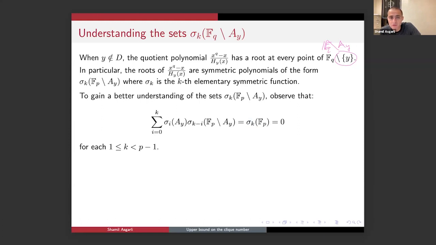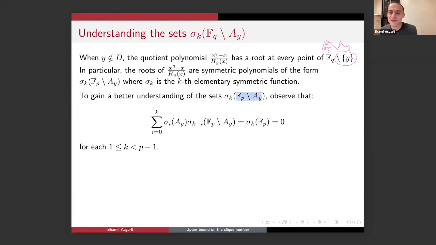This is the case I'm looking at the moment where y is not in the direction set. Now, this is important. If y is not in the direction set, then ay consists of distinct elements. So ay is literally a set. We don't have to worry about multiplicities or multisets. I mean, ay consists of n distinct elements.